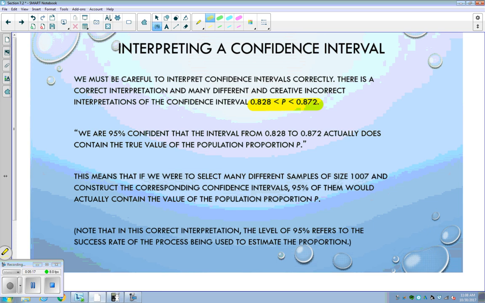It actually means that if we were to select many different samples of 1,007 adults, and we construct the corresponding confidence intervals, 95% of them would contain the value of the actual population proportion. Okay?